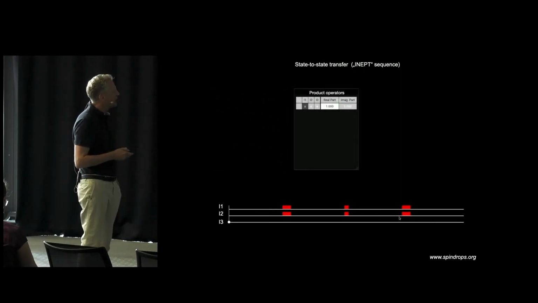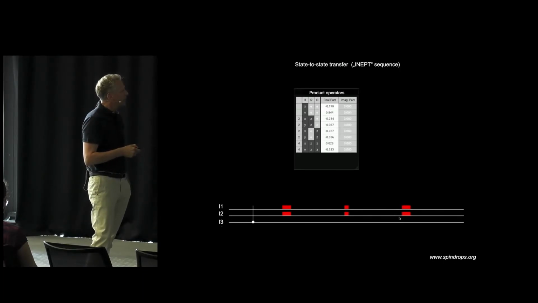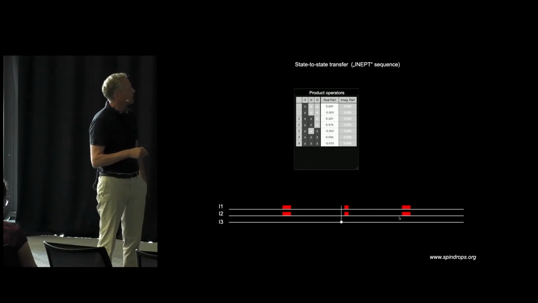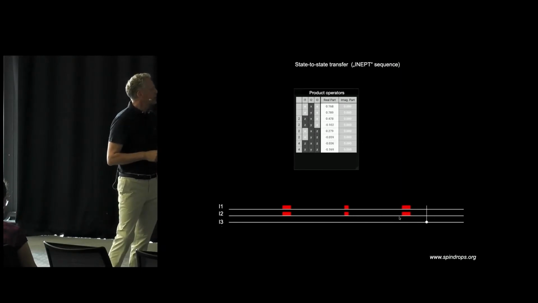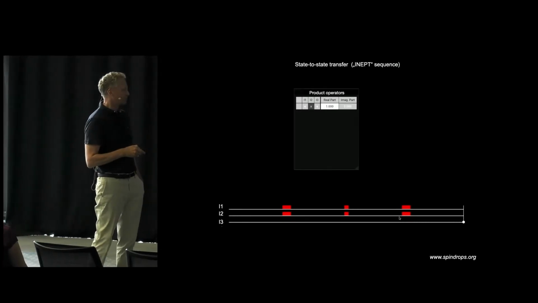Typically what NMR people do nowadays, or until we had SpinDrops, was to look not at the density operator, but at the individual expectation values of some of the operators. And then what one sees is that originally we started with an operator on spin 1, and now we end up with a term on spin 2.